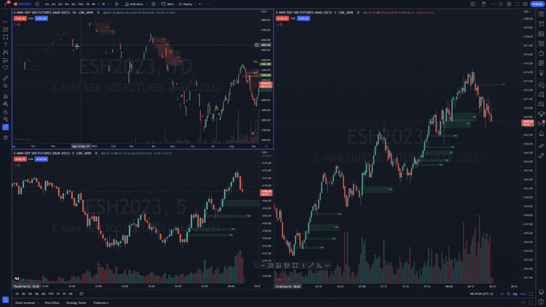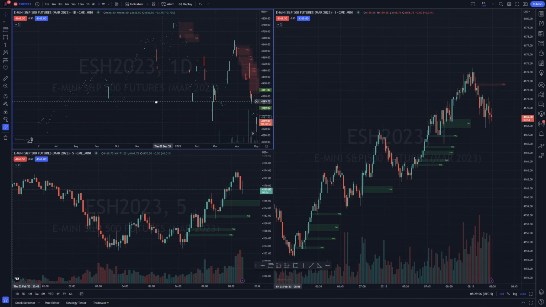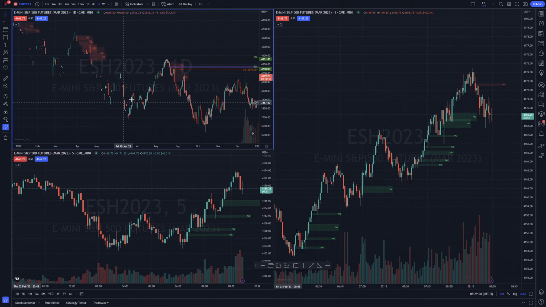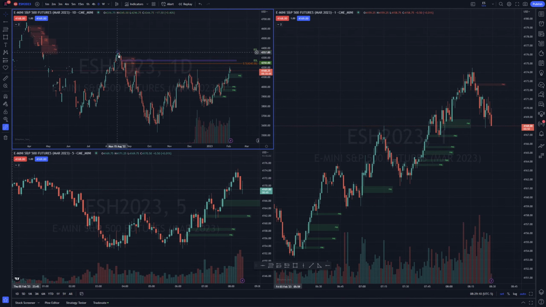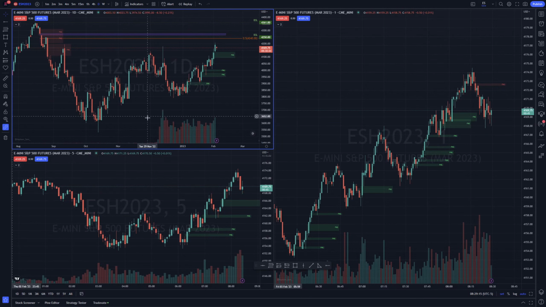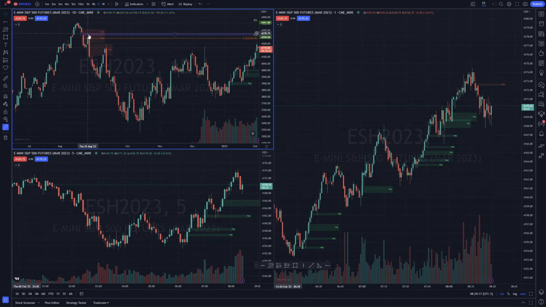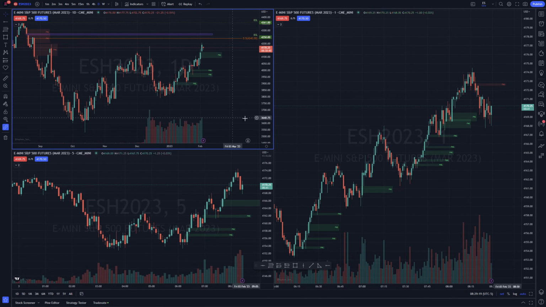You see how this disappears sort of? It's because this contract wasn't really being traded back then. Back here, this is the March 2023 contract. Back here, people were trading the December one, so I hope the levels are accurate.